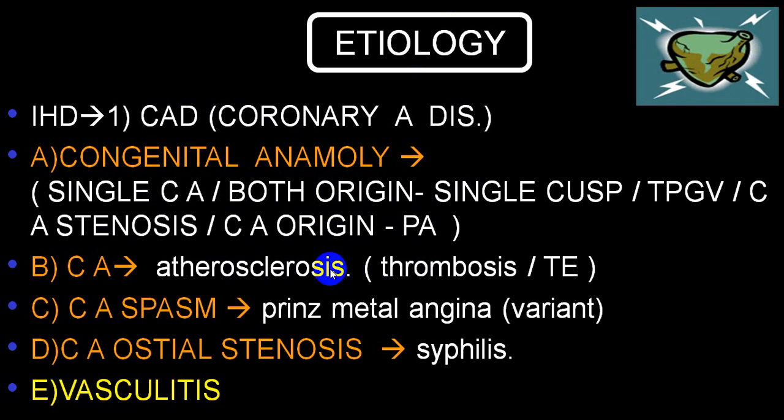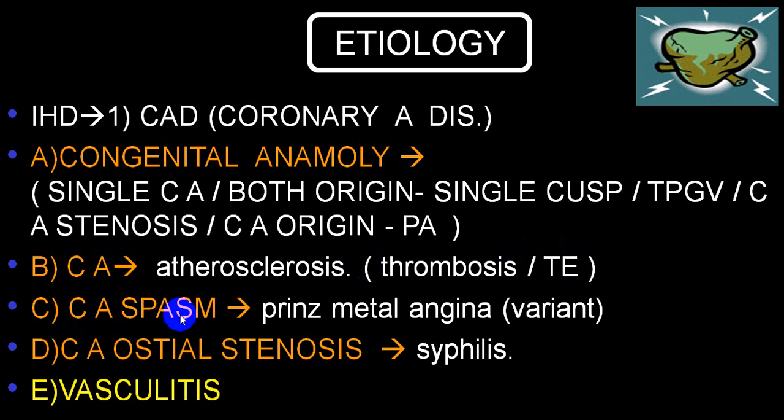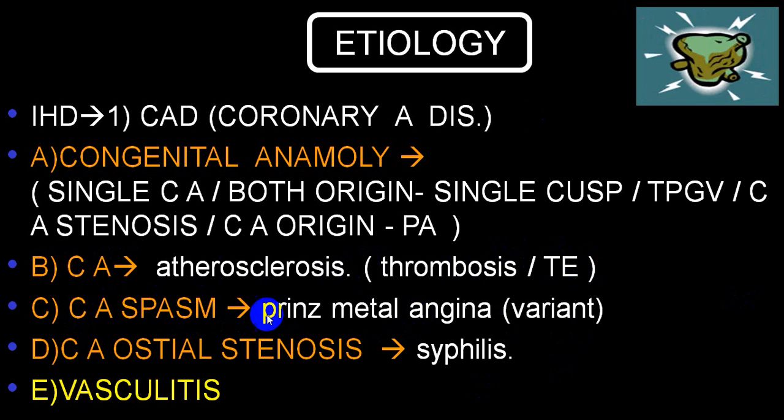Unstable plaque can rupture at any time, can lead to thrombosis, and very rarely you get thromboembolism involving the coronary artery. There is one more etiology we call coronary artery spasm, where there is an imbalance in the autonomic nervous system resulting in spasm of the coronary artery. It is also called Prinzmetal angina or variant angina, or also labeled as vasospastic angina.